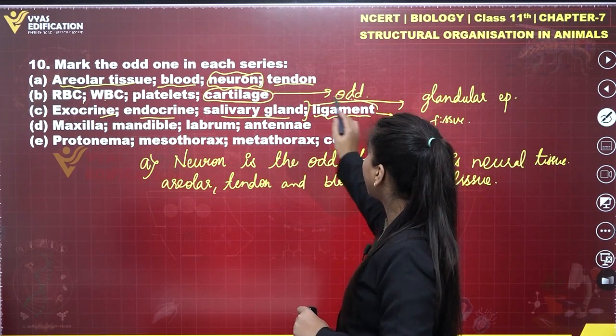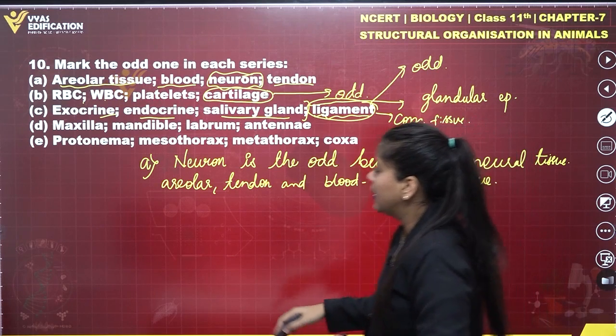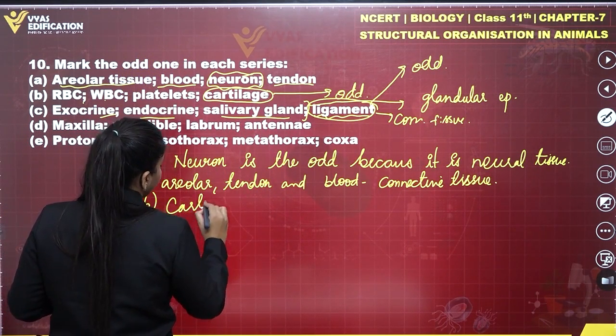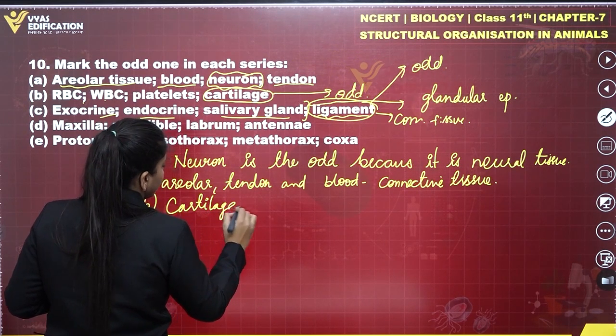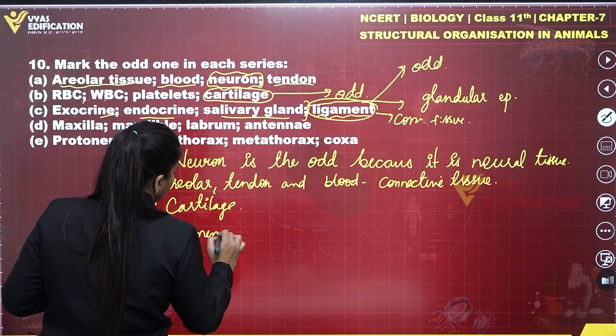So ligament is actually the odd one. Ligament is odd, right? In B we have cartilage as odd, and in C we have ligament as odd.